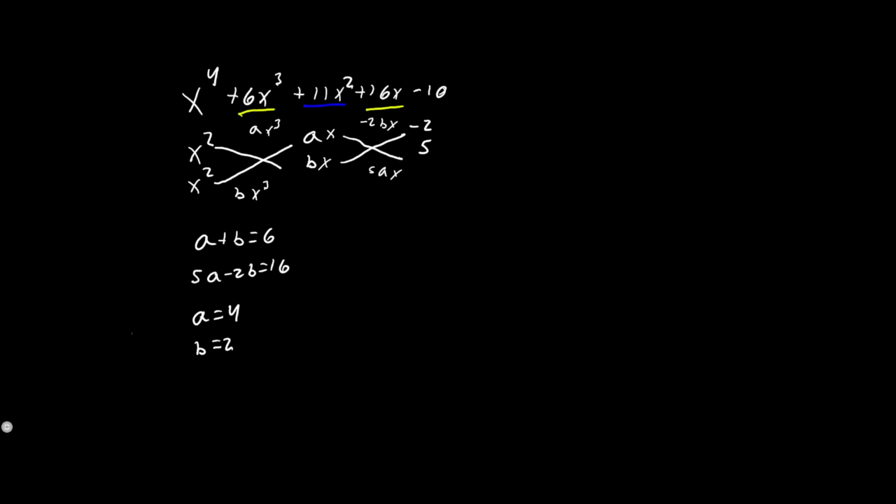So we get that our two factors are x squared plus 4x minus 2 times x squared plus 2x plus 5.